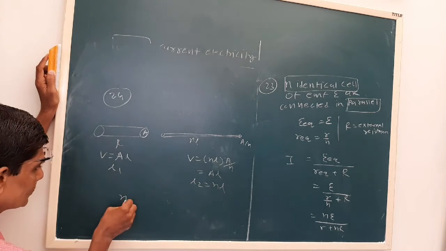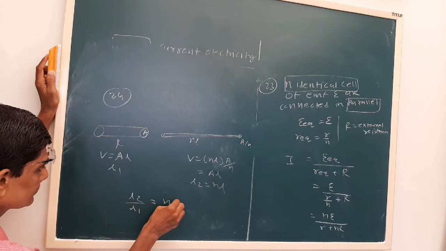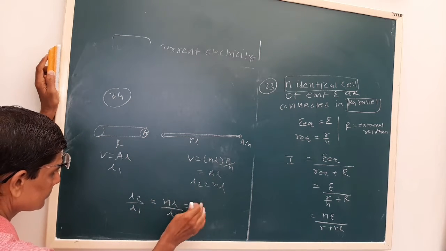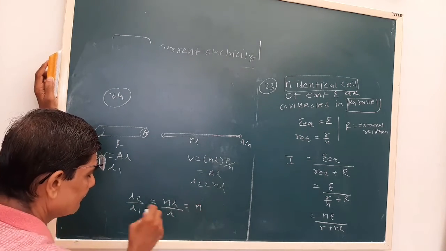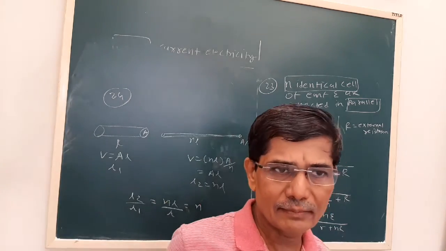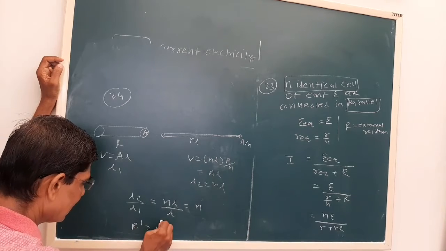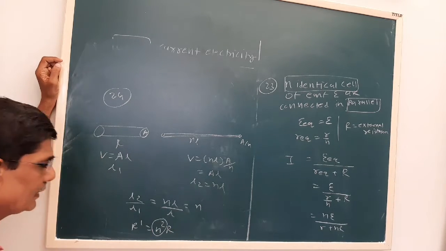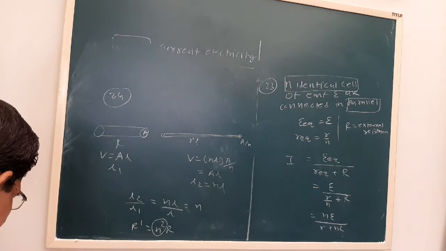So n is equal to L2 upon L1. Now we have discussed earlier, when the length of a wire is such that the length becomes n times, then resistance becomes n square times. So R dash is n square R. So this is our answer. Resistance becomes n square times.